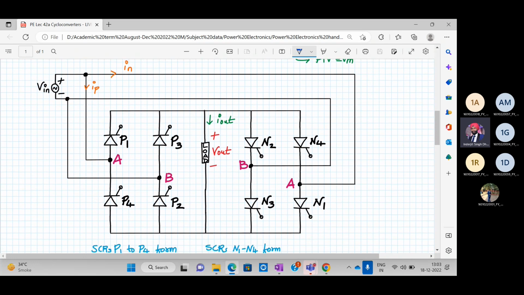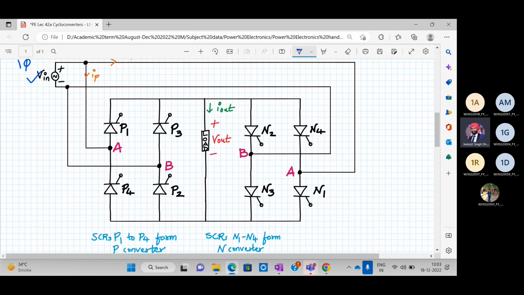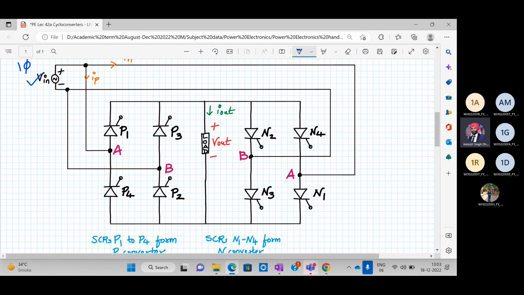So you have a single phase supply V in. You can see V in over here. This is a single phase supply. And what are these P1, P2, P3, P4? The name P has been deliberately written because they form a P converter. It's a converter, right?